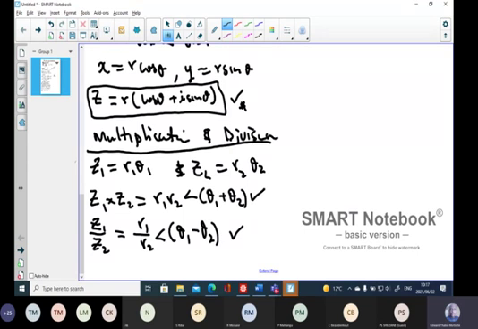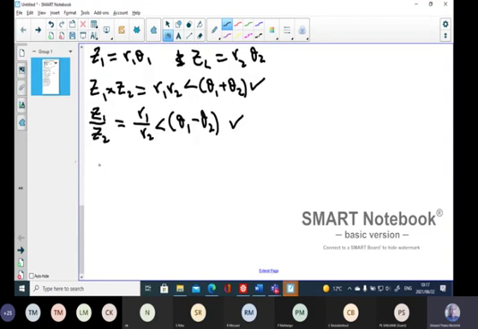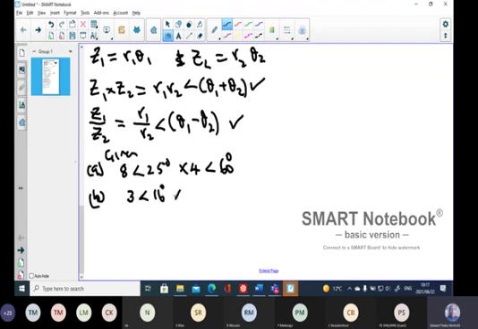So, for instance, if you are given number A: 8 with the angle 25 degrees, multiplied by 4 with the angle 60 degrees. And number B: you are given 3 with the angle 16, multiplied by 5 with the angle minus 44, and then multiplied by 2 with the angle 18.